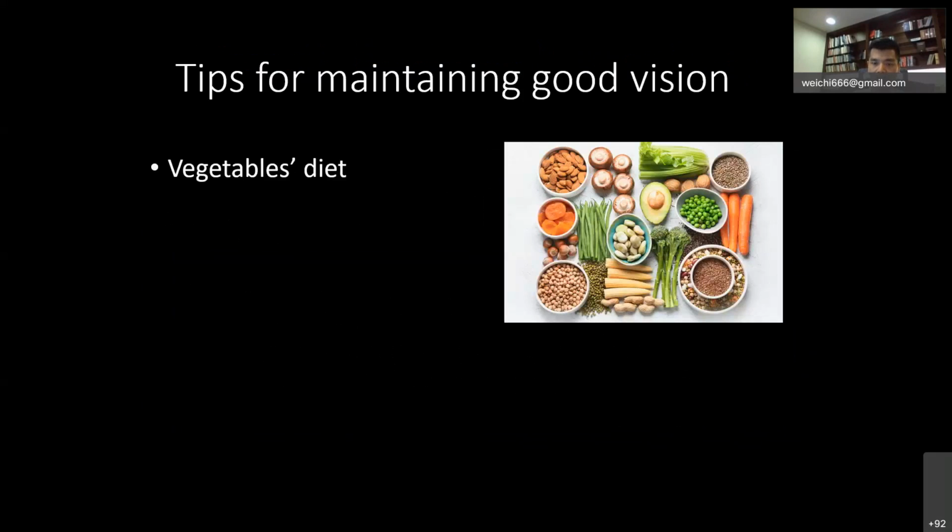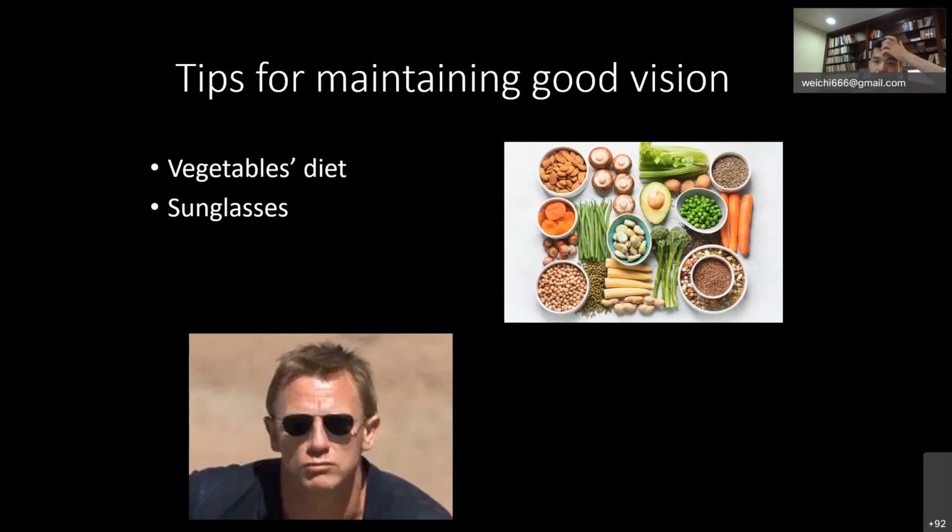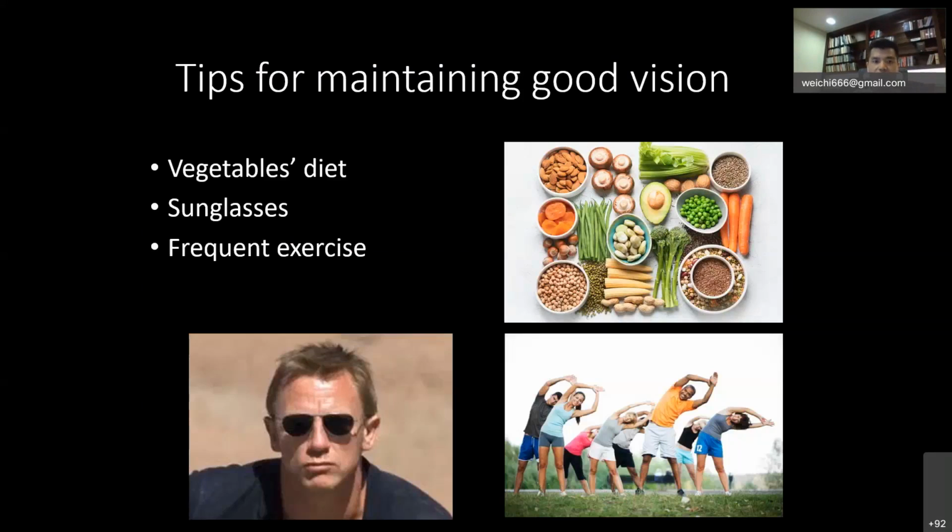I think vegetables are very good for your eyes. Also, when you go outside, you need to put on sunglasses, and frequent exercise and an adequate amount of sleep are essential for maintaining good vision. So don't use the computer too much. Take a break.